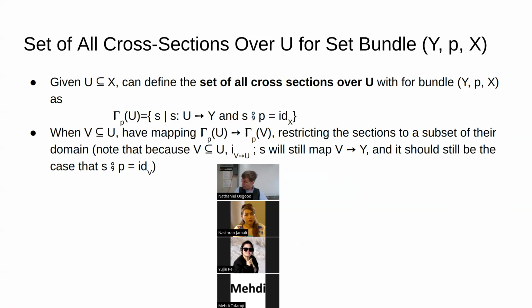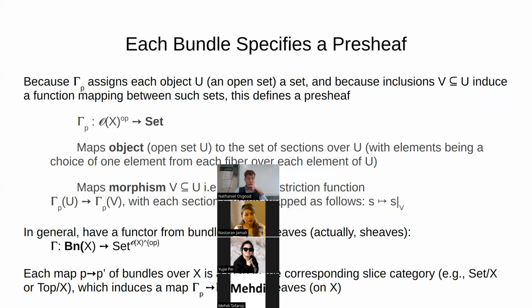U is an object in this category, and V would have a morphism to that object, reflecting the fact that V is included in U. For each object, that open set, we have a set equal to the set of sections over that open set. Well, that should start to remind you of a pre-sheaf, where for each object, we have some set.